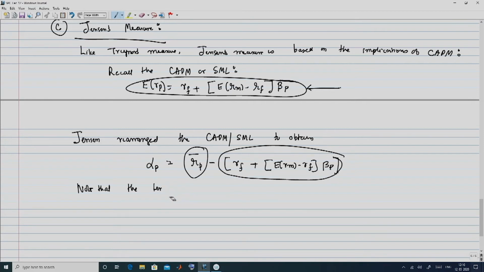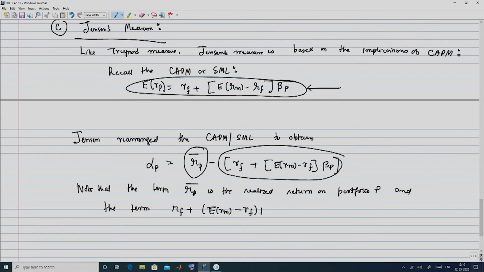This first term, R_P bar, is the actual realized, that means the actual obtained, return on portfolio P, and the second term, which is R_f plus E(R_M) minus R_f into beta_P, is the return given by the CAPM.